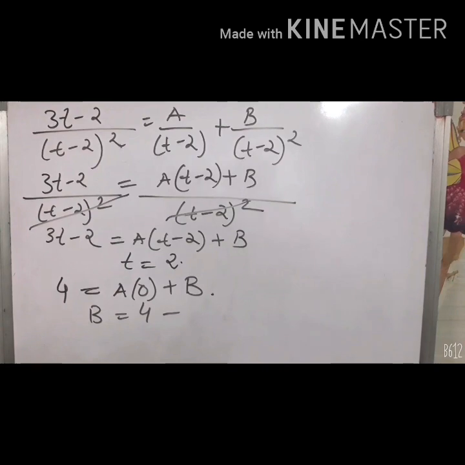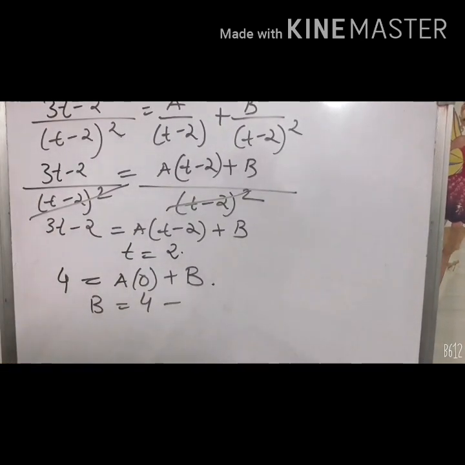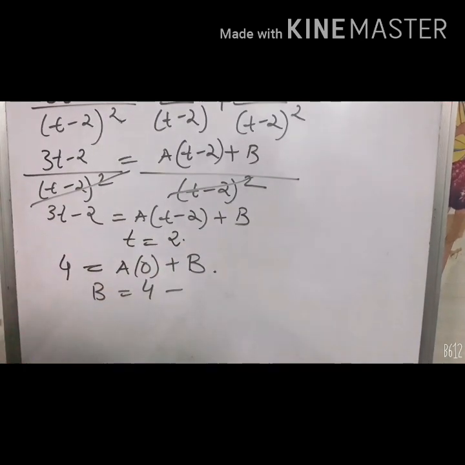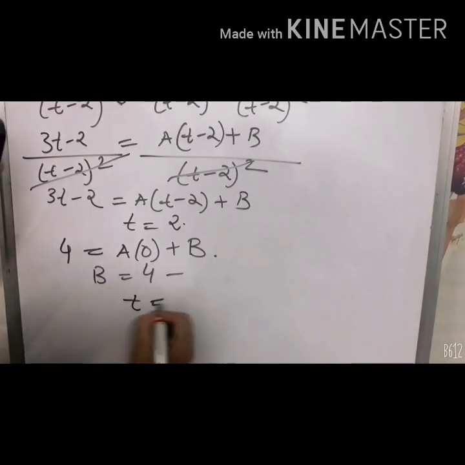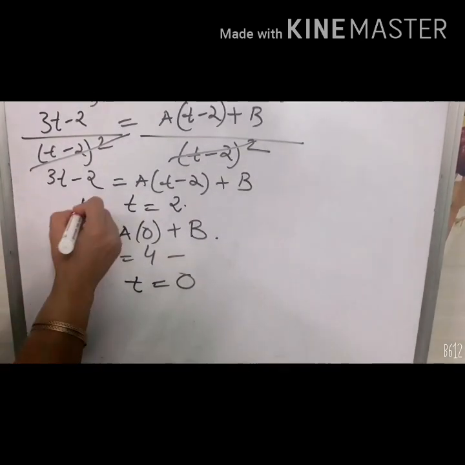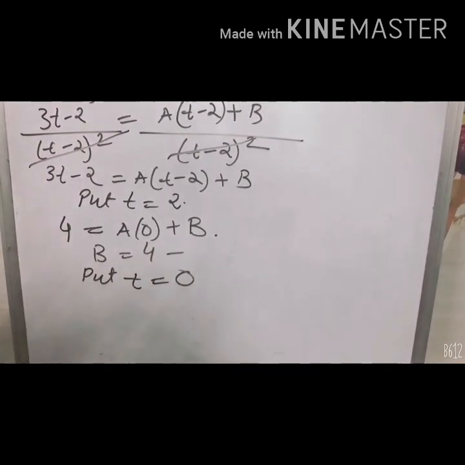Simple thing. Again, what should I put to get the a value? Now there is nothing, so what we do, we will put the smaller values here. So I can put 0. I will put t is equal to 0. I am writing here so you can understand what I am doing. Put t is equal to 0.